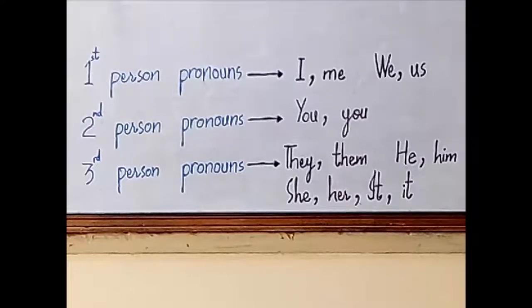Now I am going to explain that when we have first person pronouns in the sentence, what changes we make, and when we have second person pronouns, what changes we make, and when we have third person pronouns, what changes we make.